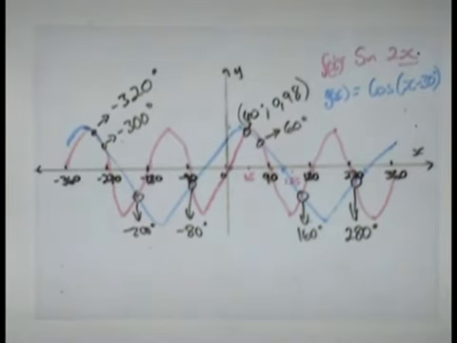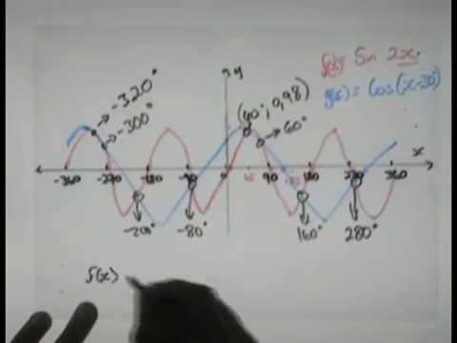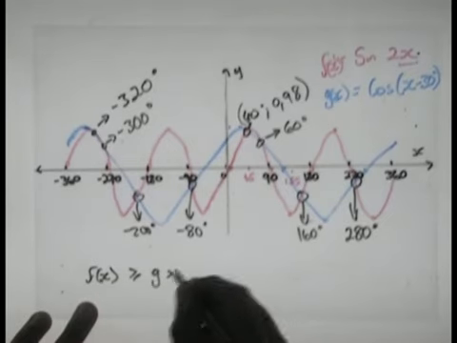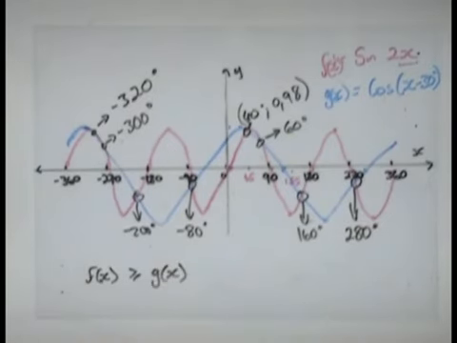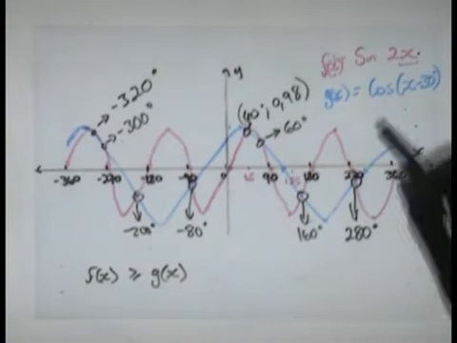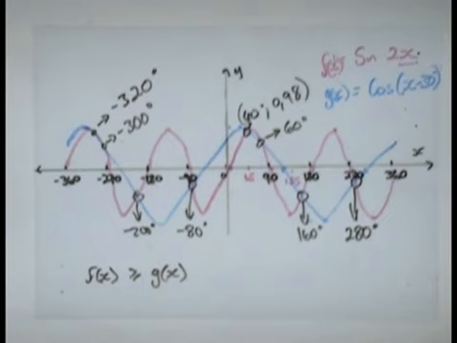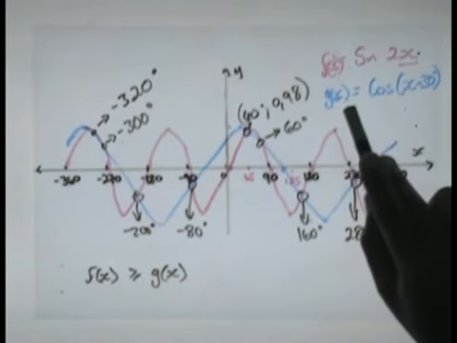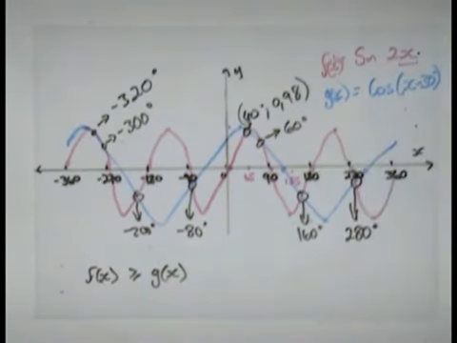The first thing I asked you for was, for which values of x is f of x greater than or equal to g of x. Now think about that. f of x is the graph sine 2x. g of x is the graph cos of (x minus 30 degrees).